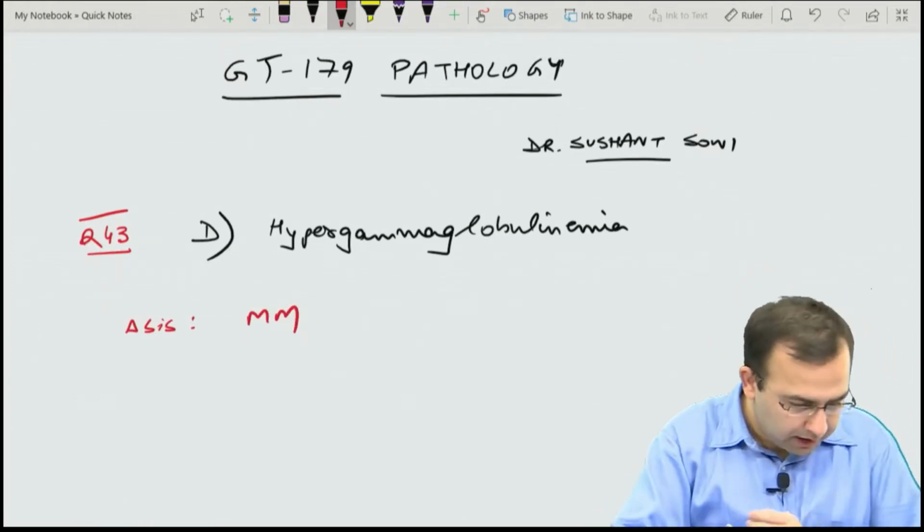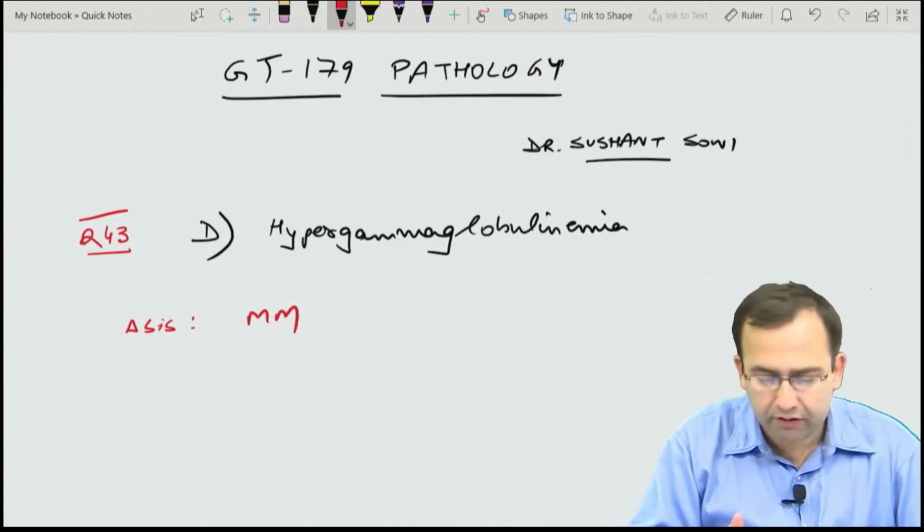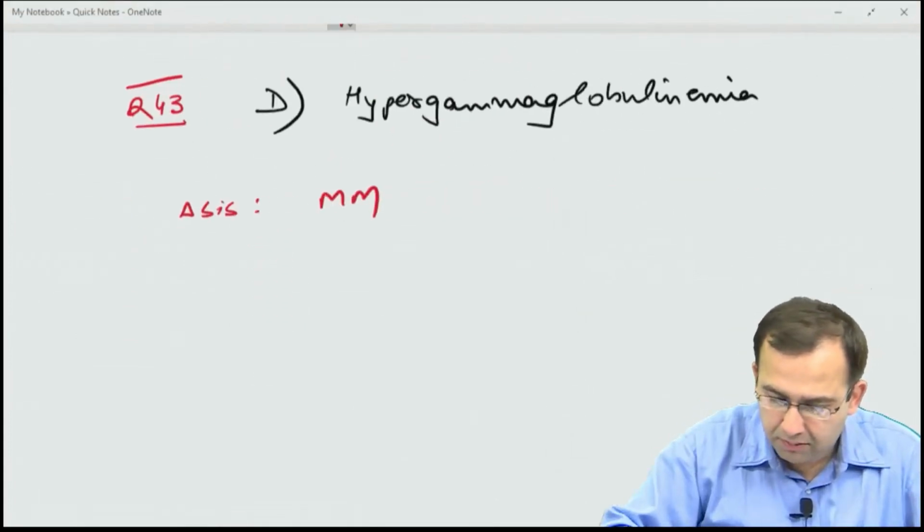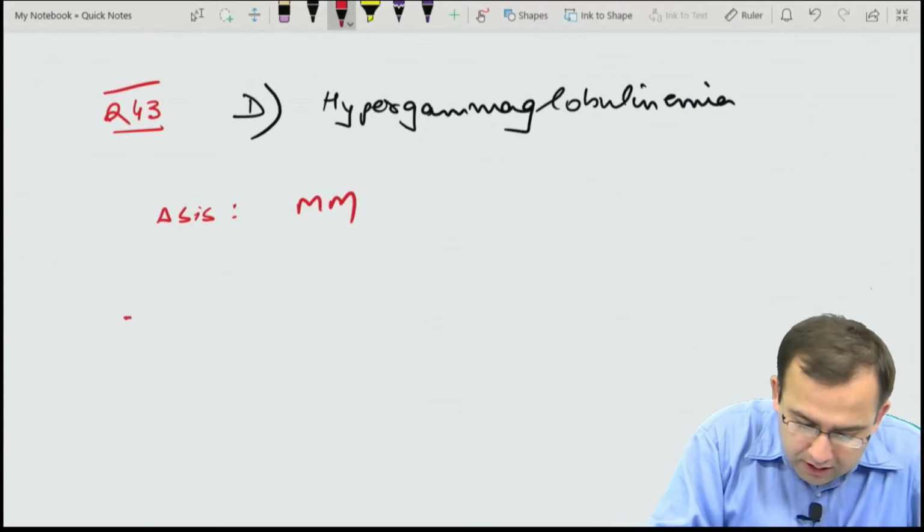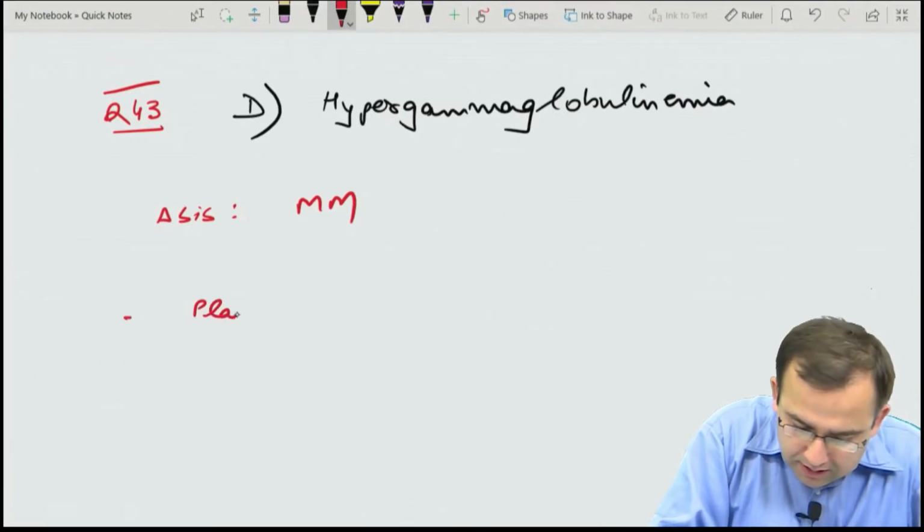Next point, let us have a look at few points associated with multiple myeloma. First point, it is a plasma cell dyscrasia.